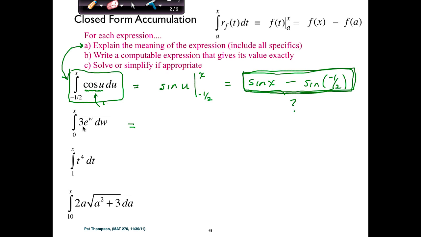So this was the e exponential function, e to the something, has that special quality that it has its own derivative. So the antiderivative is 3e to the w in this case. And then that's going to be from 0 to x, and then we just plug in the x, plug in the 0, and subtract. And when you plug in the 0, you get 0, right?